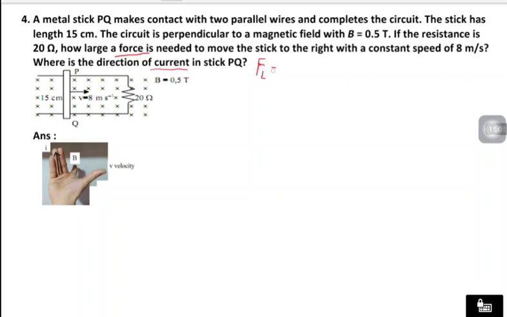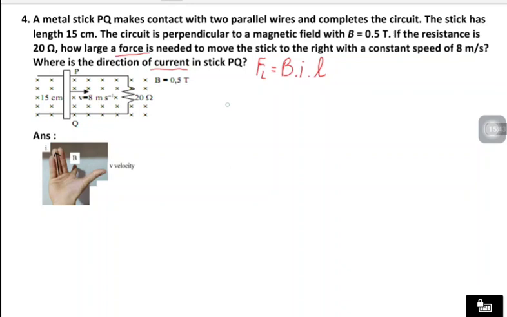The Lorentz force in the circuit is B times I times L: magnetic induction times current times length. Okay. Only the current is not in the problem, so first we have to find the value of current.